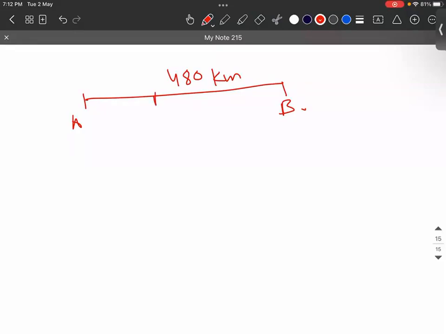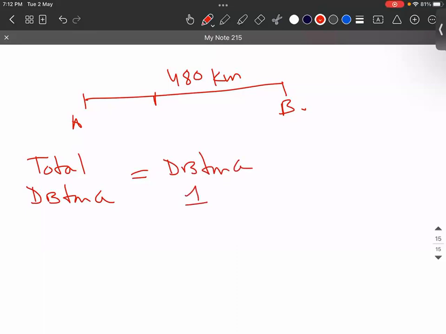I write this: total distance is equal to distance 1 plus this is your distance 2, and 480 on this side.